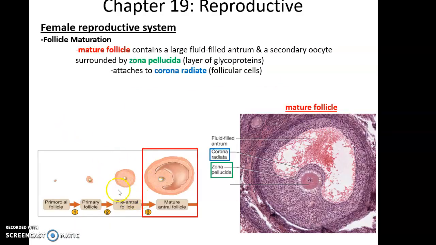Then that secondary follicle will develop into a mature follicle that has a large fluid-filled space. And then the oocyte is somewhat isolated with its special corona radiata, the follicular cells that are going to stay with the oocyte. And the oocyte also has a layer of glycoproteins called the zona pellucida, which help to also protect the oocyte.